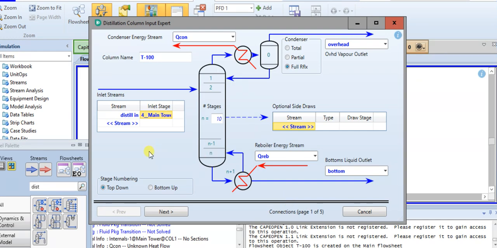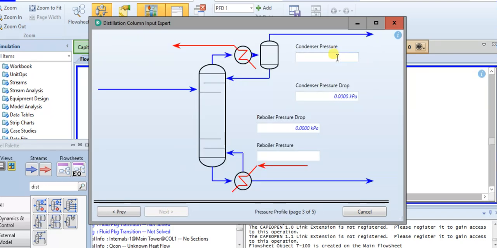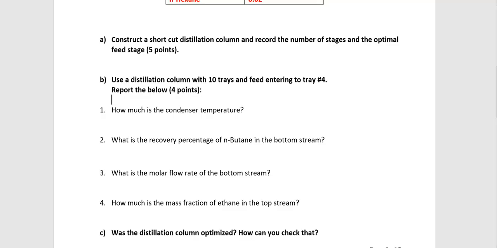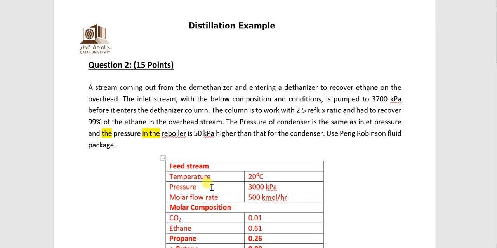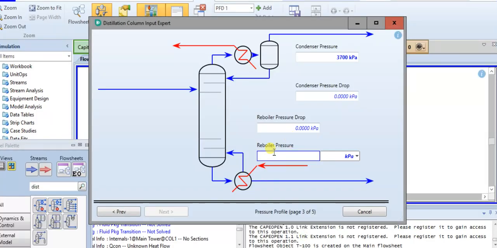Next, choose this one. Condenser pressure is the same as feed pressure, so this is 3700 kilopascal. Reboiler pressure is 50 kPa higher, so 3750, right?